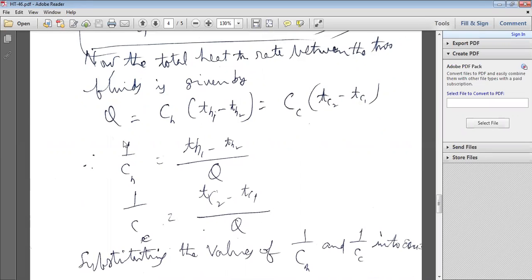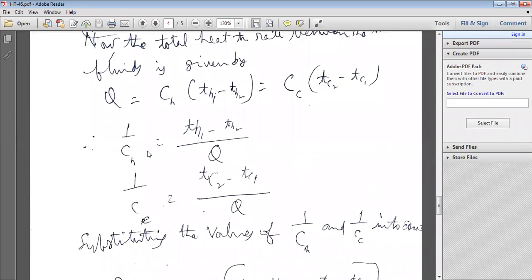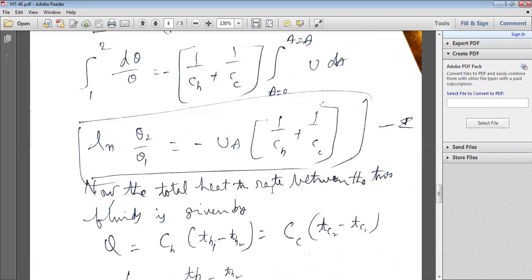Substituting the values of 1 by CH and 1 by CC into the equation number 1. You name this as equation number 1. Here 1 by CH is there, 1 by CC is there. Now we got the 1 by CH value, that is TH1 minus TH2 divided by Q, and the 1 by CC value, TC2 minus TC1 by Q. Substitute these two values in equation number 1.